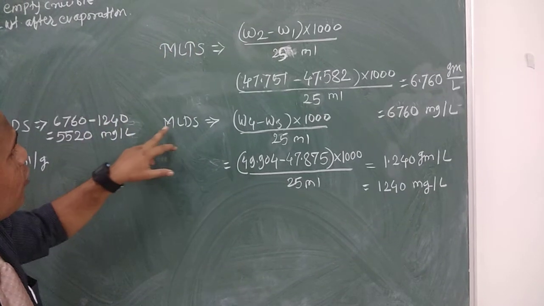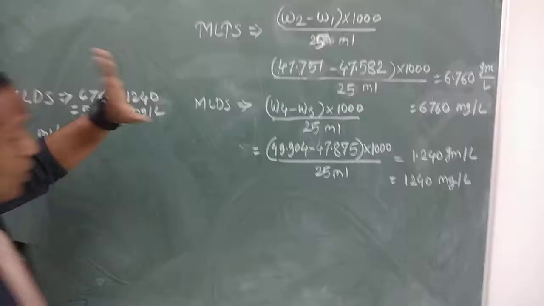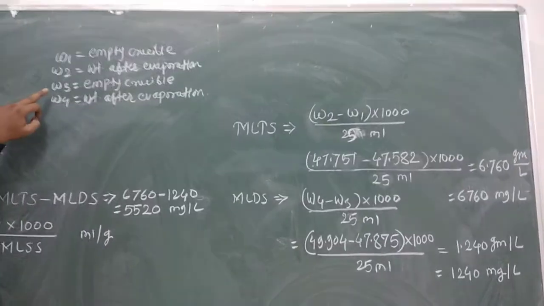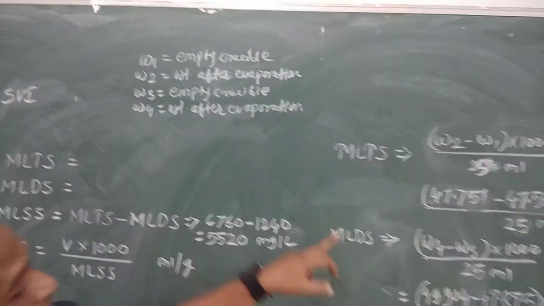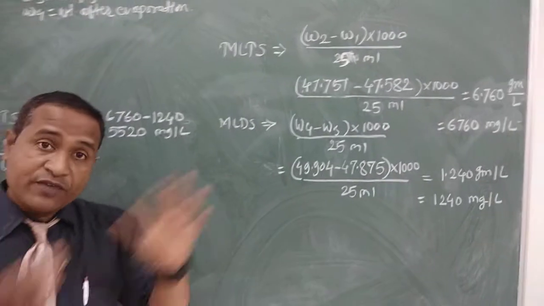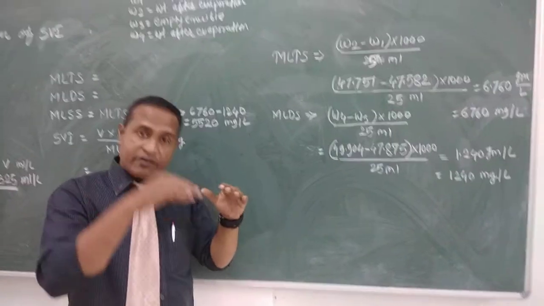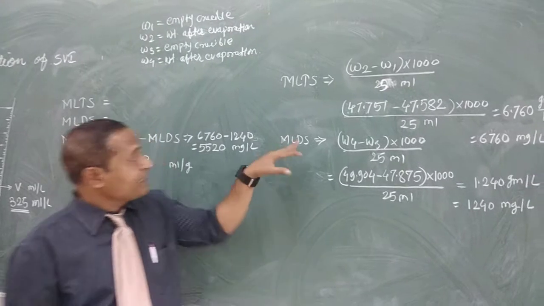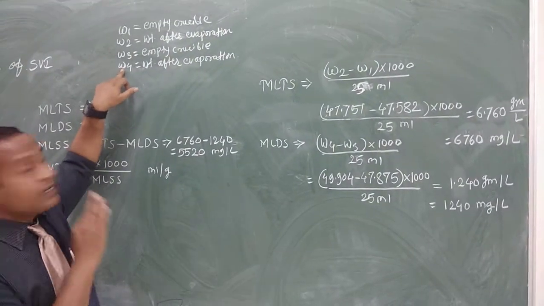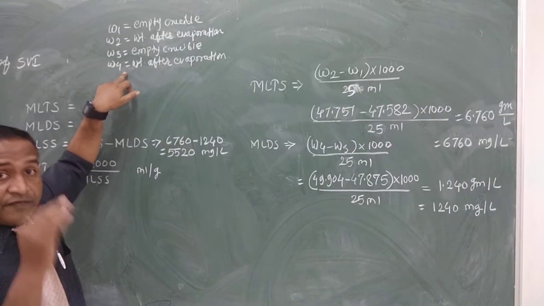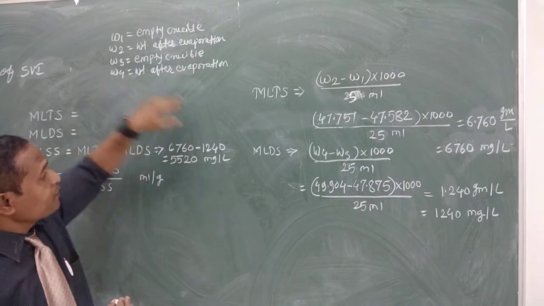In a similar way, we have to find out the mixed liquor dissolved solids. For dissolved solids, we need the empty weight of the crucible and the weight after evaporation. To find out the dissolved solids, first, as we have learned earlier, we have to filter this wastewater, and the filtered liquid we have to evaporate, and after evaporation we take the weight, that will be your W4. Whatever remains will be your total dissolved solids.